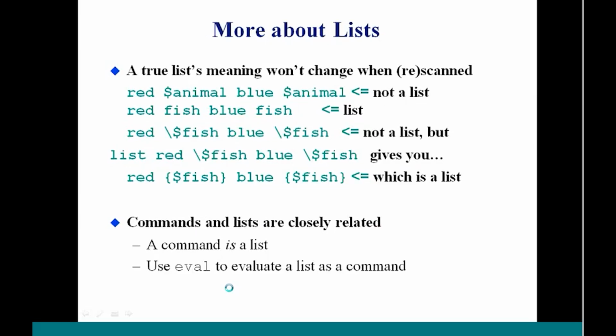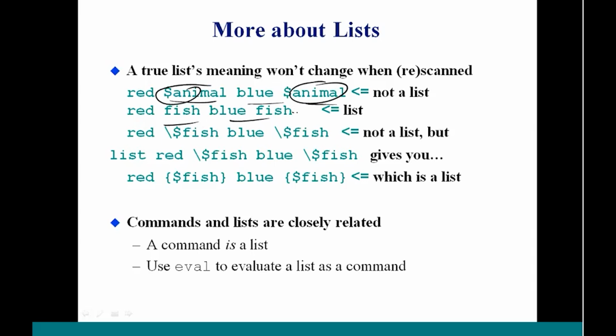Now some more interesting facts about lists. The true list meaning won't change when it is rescanned. Now let's look at this example where the first is $animal blue and $animal. This is not a list because there are variables here which may not be substituted.